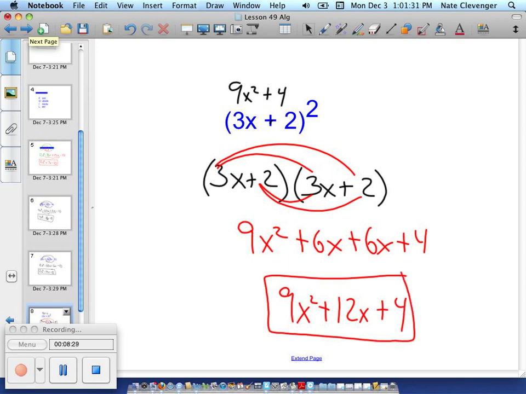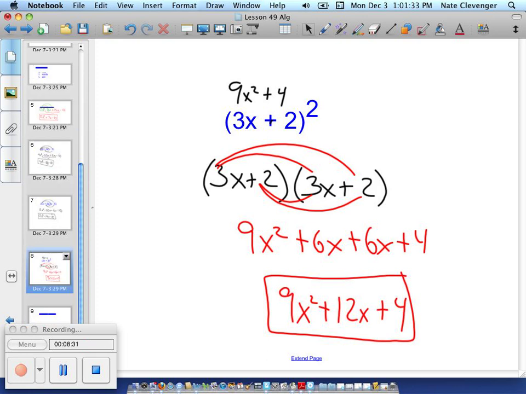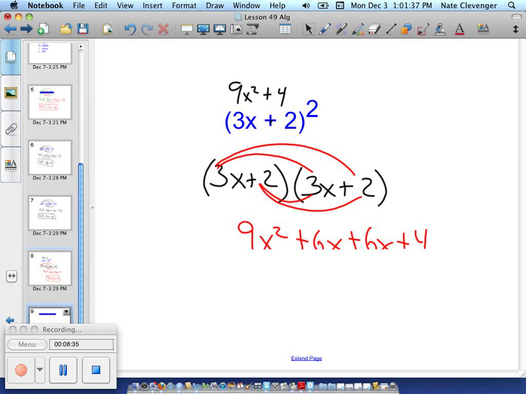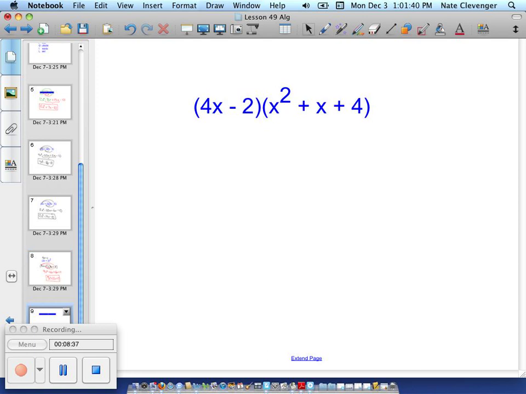Actually, there might be one little extension, but it's not going to be much different. If you take a binomial times a trinomial, the process is the exact same, but there's a couple more parts in between. So the FOIL method kind of works. You just have to modify it. You're still doing first, so 4 times x squared would be 4x cubed. And then we're not going to go straight to the last.